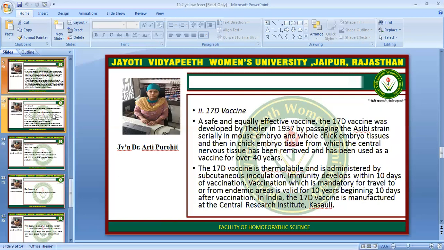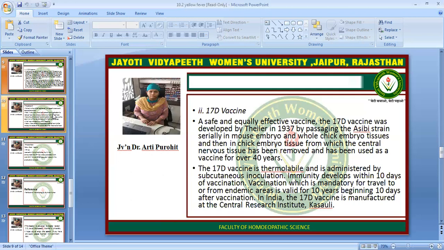17D vaccine. A safe and equally effective vaccine, the 17D vaccine, was developed by Theiler in 1937 by passaging the Asibi strain serially in mouse embryo and whole chick embryo tissue and then in chick embryo tissue from which the central nervous system tissue had been removed, and has been used as a vaccine for over 40 years.